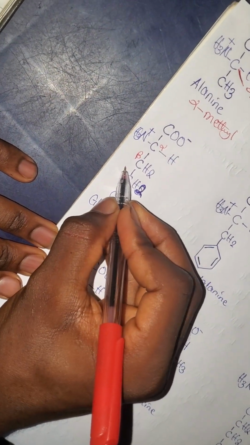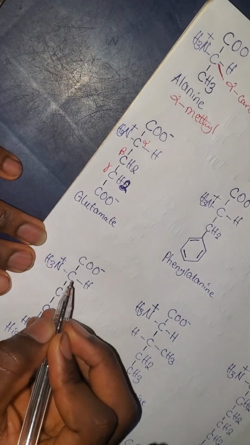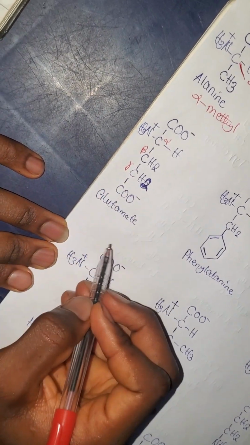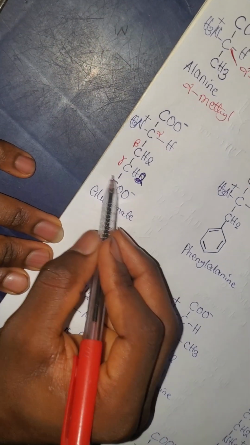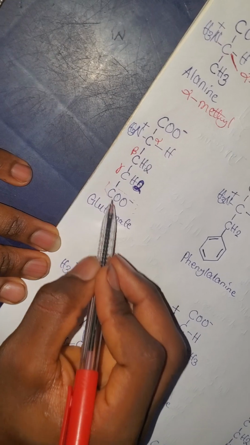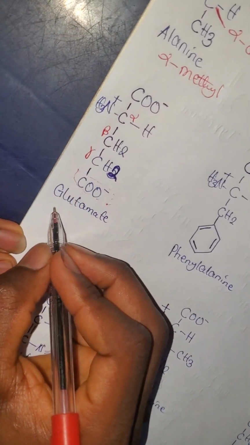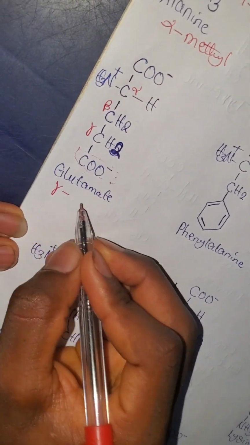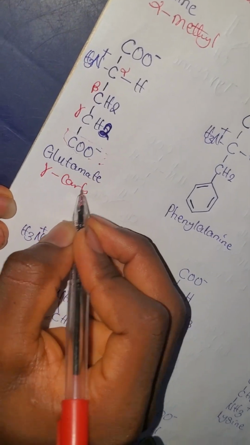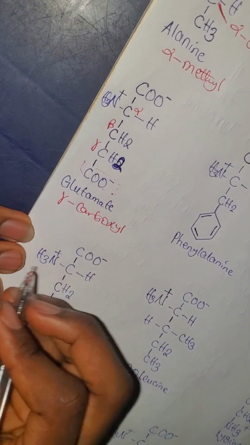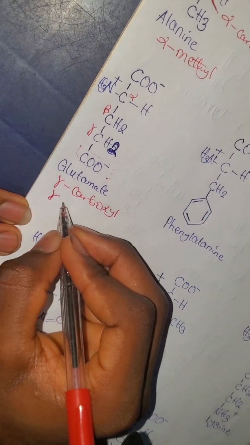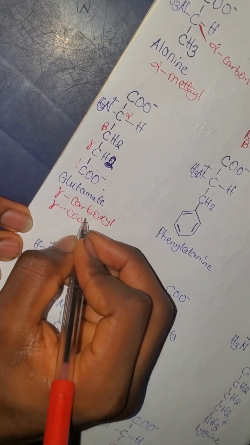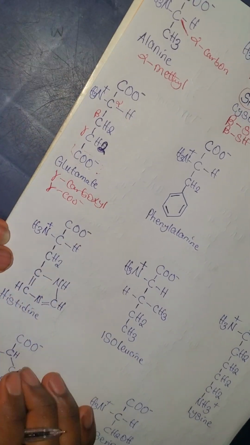We have the gamma here. All right, so on the gamma carbon, we have this attachment. So it's just going to be gamma carboxy, or gamma COO minus. I hope you're following.